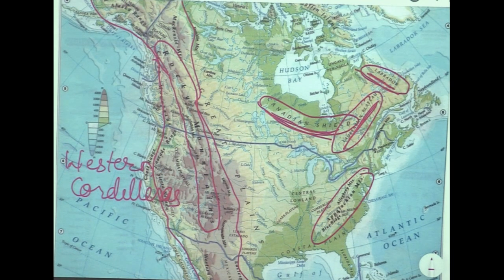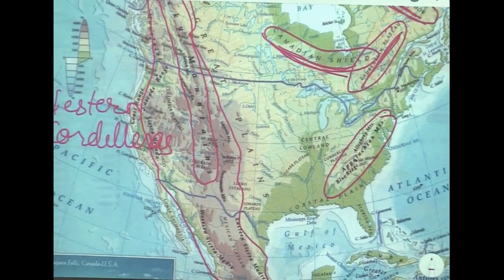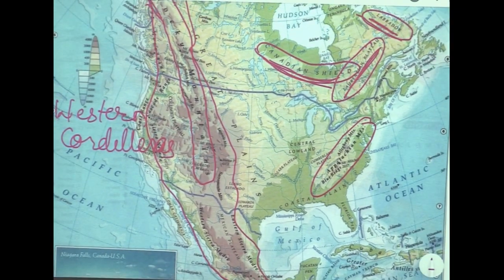It will also include, and basically they are more important in terms of their economic significance, zooming in just this much so that all of them are visible, can we notice Columbia Plateau in USA, Colorado Plateau in USA, and Mexican Plateau in Mexico. All these are examples of intermontane plateaus.